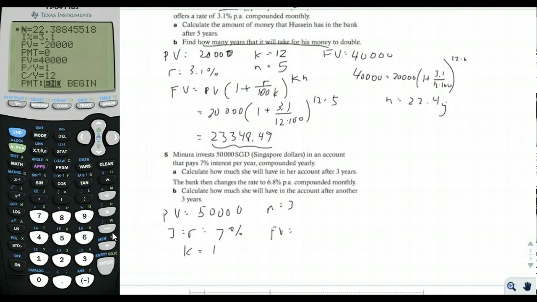So that would look like this. Future value equals present value times 1 plus 7% divided by 100 times 1, and that's to the power of 3. So n is 3. Interest rate is 7. Present value is 50,000.